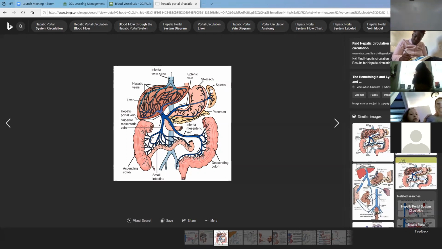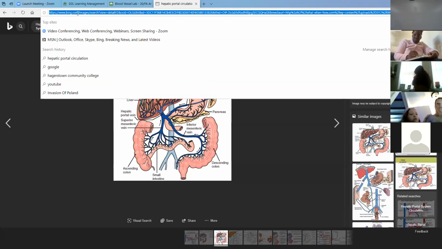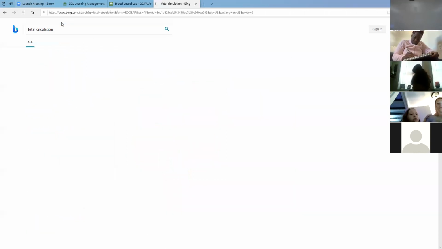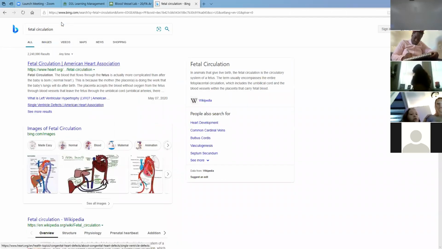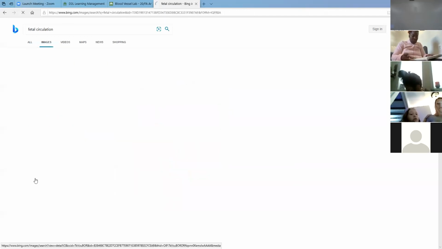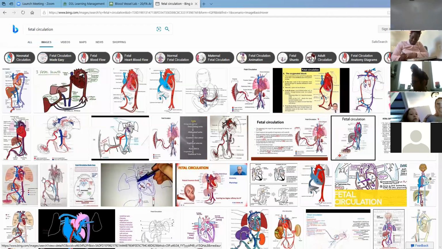Okay, then finally the fetal circulation. Let's see which is a good one.